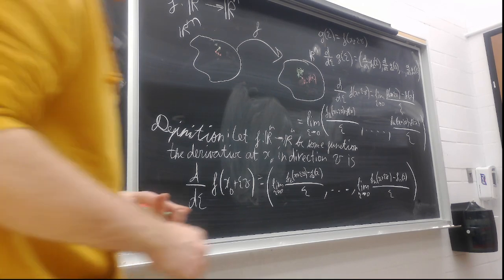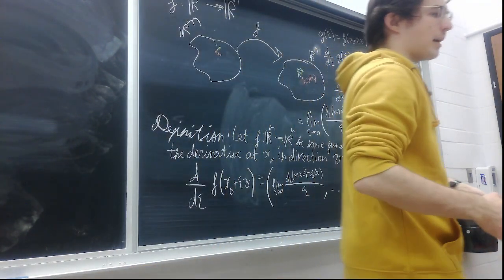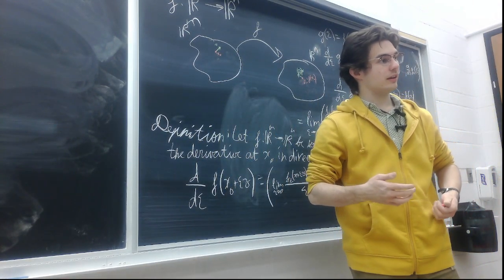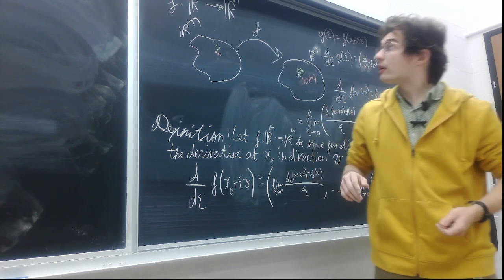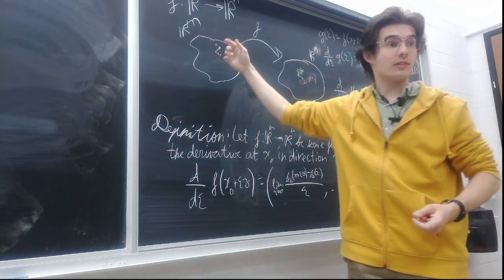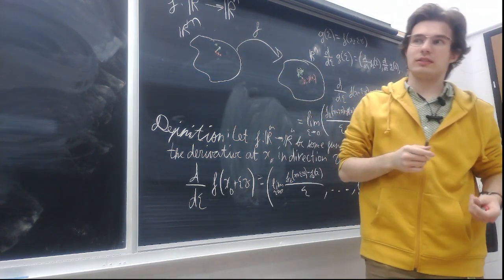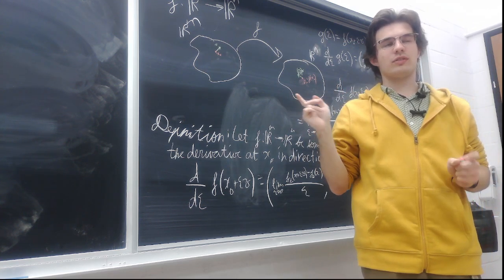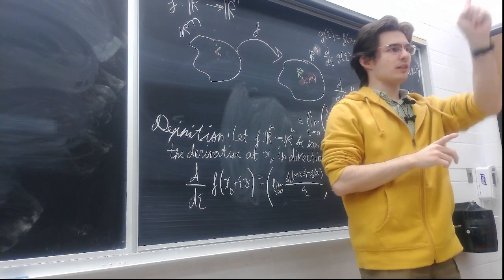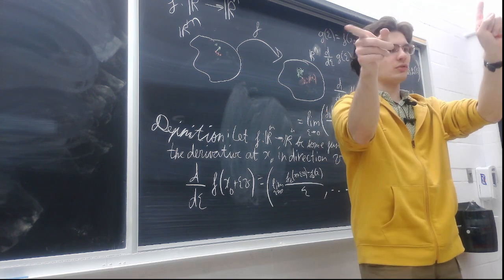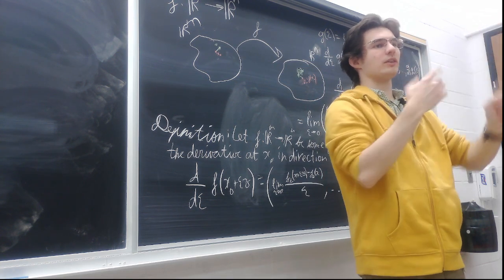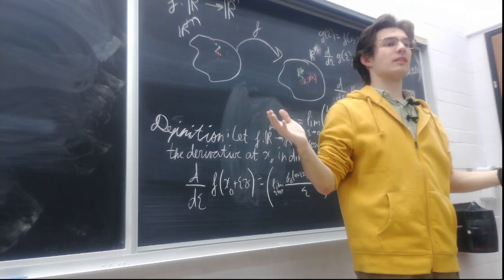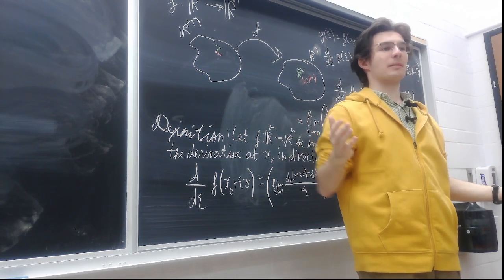If I want to define this linear map, all I have to do is tell you how it acts on the basis. So if I have n directions, all I should really need to tell you is what's the best approximation going this way, and this way, and whatever the other directions are, and that should be enough for me to define my linear map.